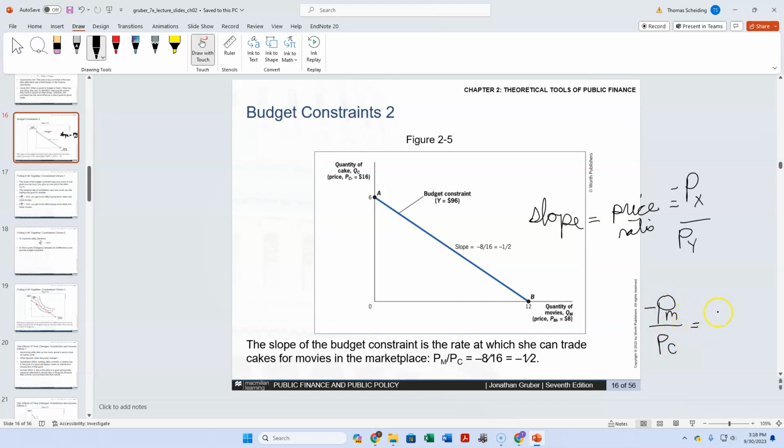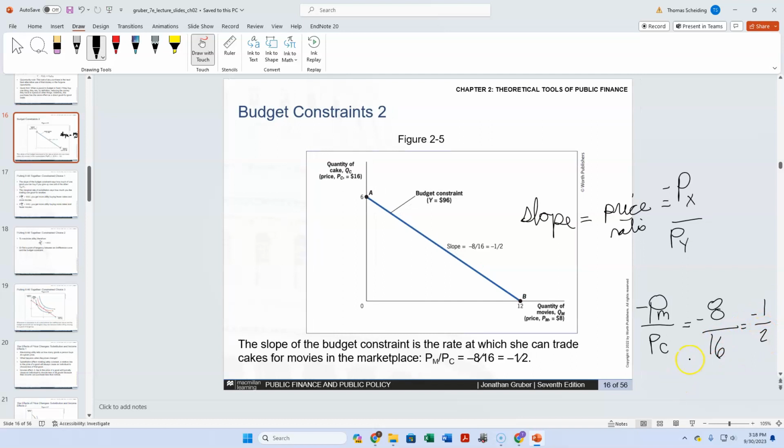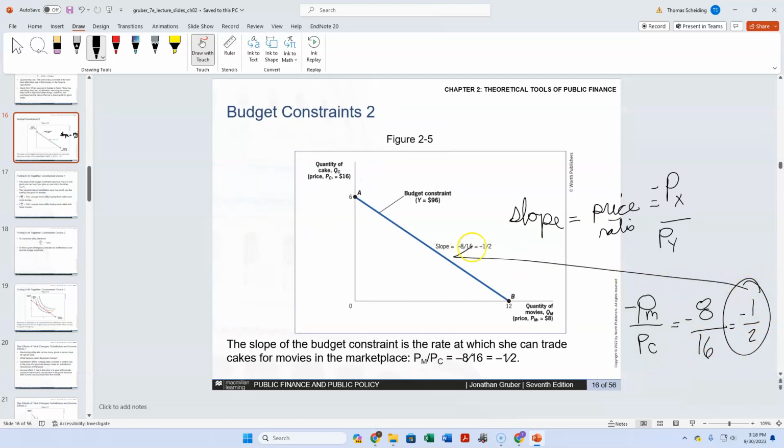The price isn't changing at all. So a movie always costs $8, and a cake always costs 16. Which just keeps us at -1/2, and that stays the same throughout.